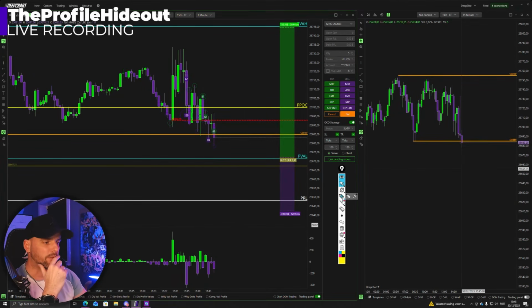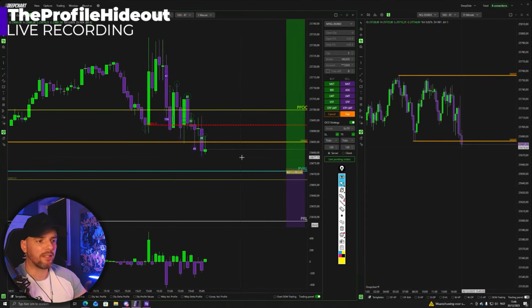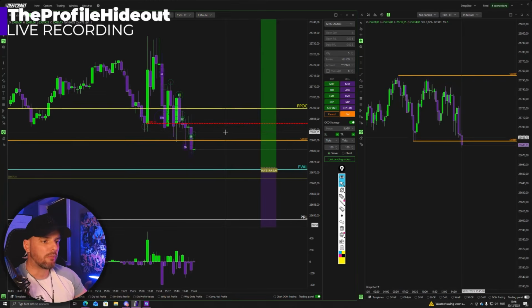Very noisy at the moment. Lots of big trades here, absorption. Price is not really pushing through. Kind of want to see it push through here. This is already looking like a better candle to use as an order block.